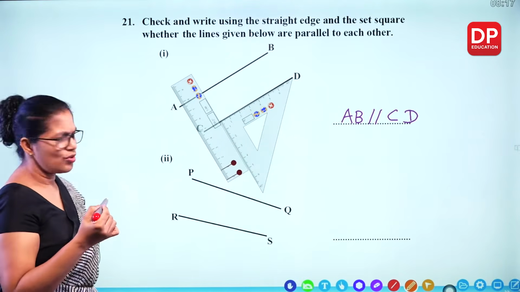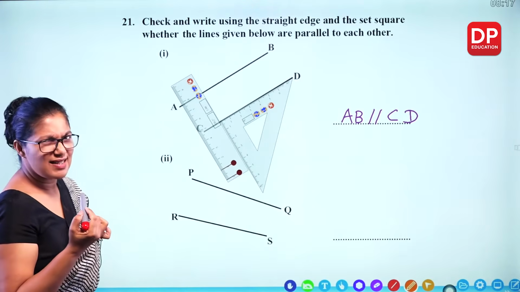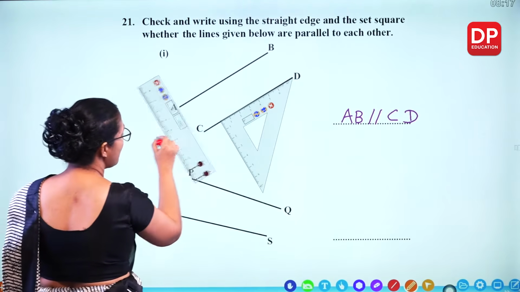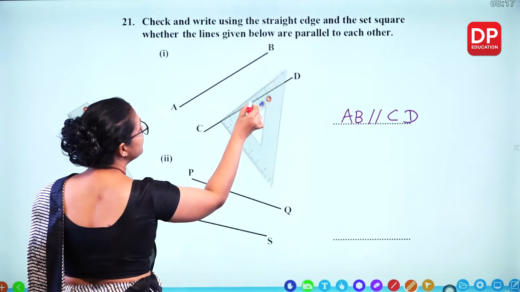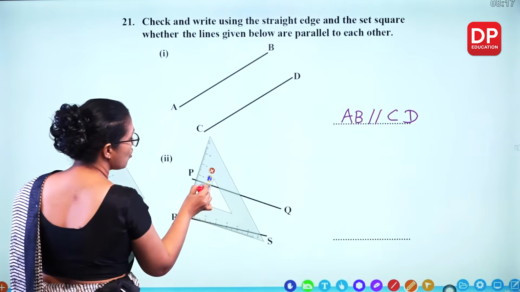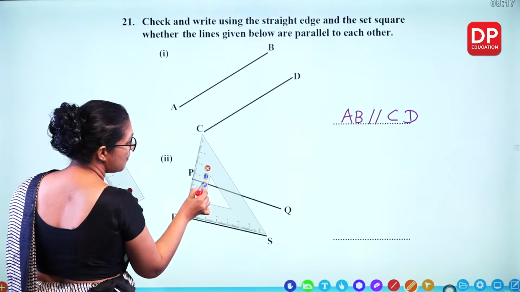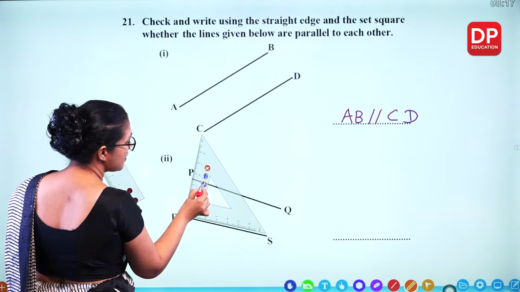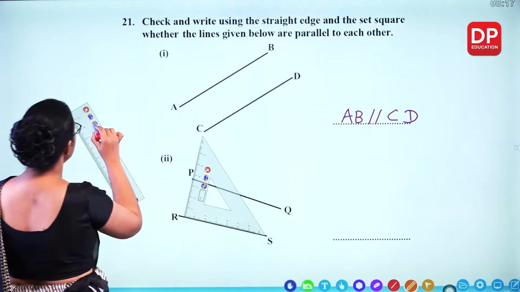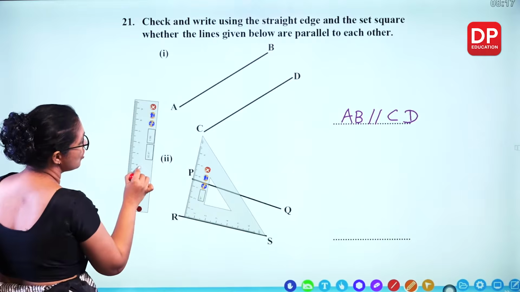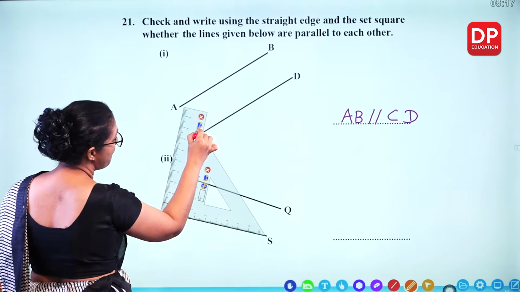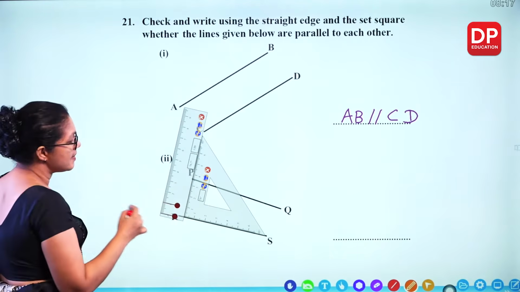Now look at these two. We can see that these two lines are not parallel. We'll confirm that with the set square and the ruler. So keep this RS on top of, keep the set square on top of RS line like this, and then the straight edge like this, and drag.